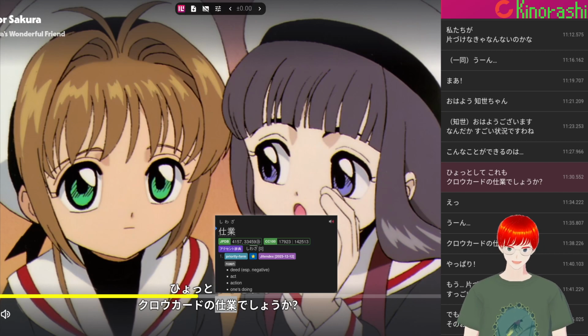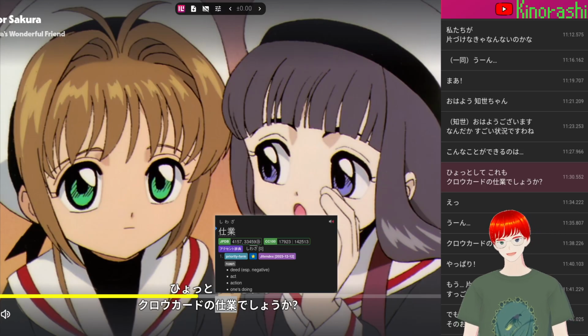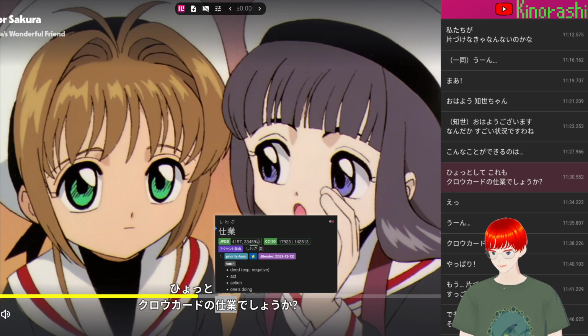Let's see, this kanji comes from attend, doing, official, serve, and then business, vocational, art, performance.